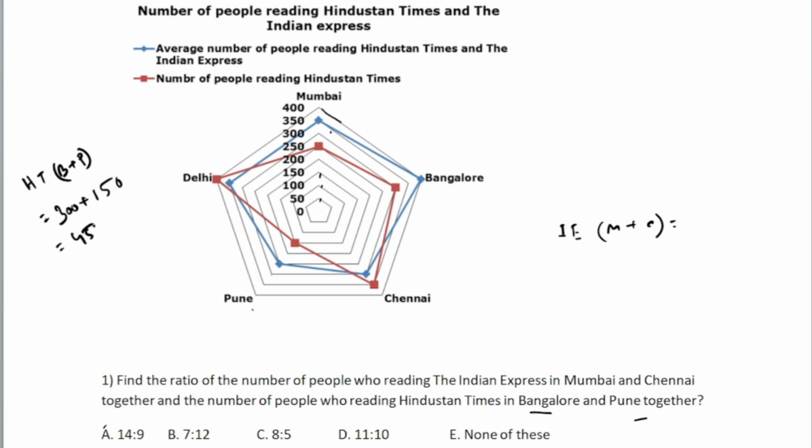This is 450 people. So ये निकल गया है, and इंडियन एक्सप्रेस का निकालना पड़ेगा.